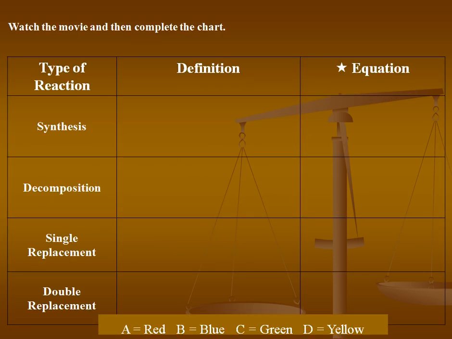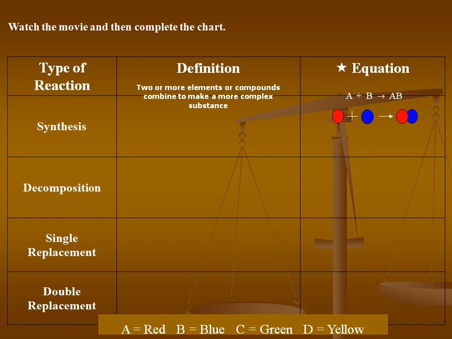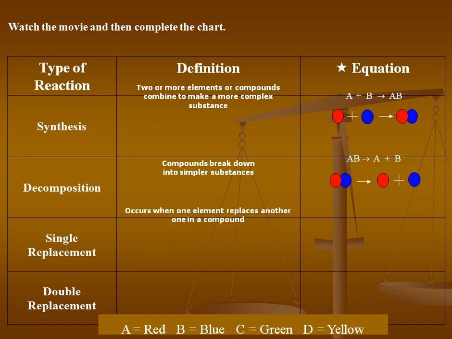In a nutshell, synthesis: two or more elements or compounds combine to make a more complex substance. A plus B converts into AB. Decomposition: compounds break down into simpler substances. AB converts into A plus B. Single displacement occurs when one element replaces another one in a compound.